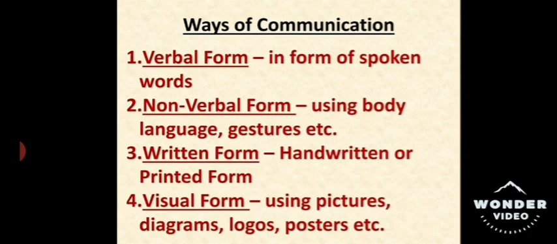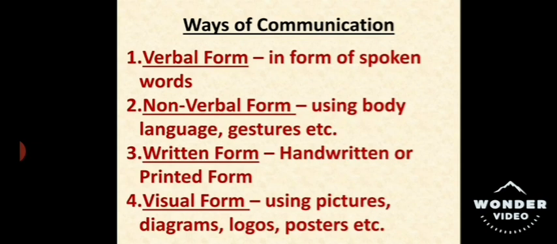For example, when your teacher is explaining something, she is explaining the concepts, and along with her hand, she is explaining some processes. So, it is both verbal and non-verbal communication. The third form of communication is written form. It means communicating with handwritten or printed information.